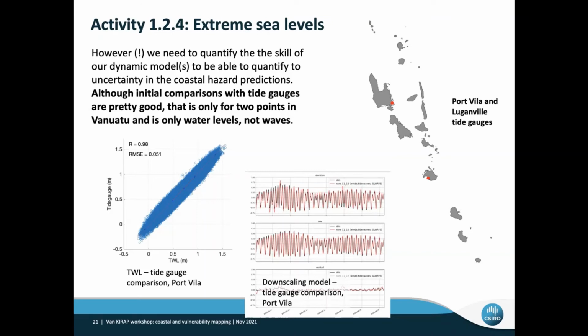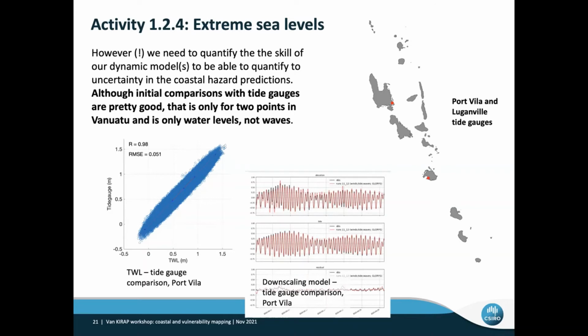And then the other figure there on the right is the one that Vanessa showed, comparing the dynamical downscaling model with the Port Vila tide gauge information. But again, tide gauges are in deep water harbors. I would expect these comparisons would not be as good if we looked around the corner at a more ocean exposed location.